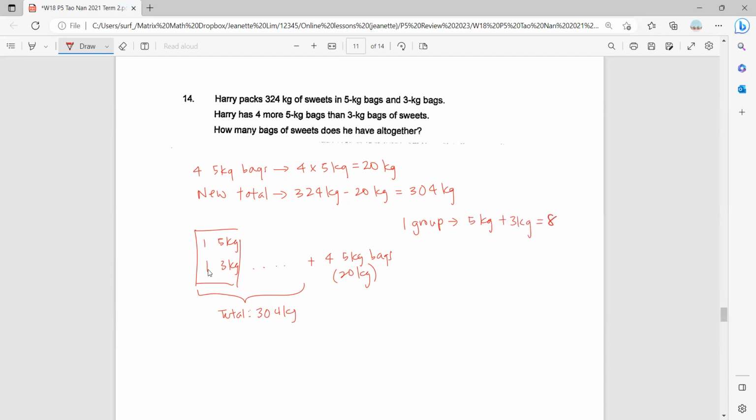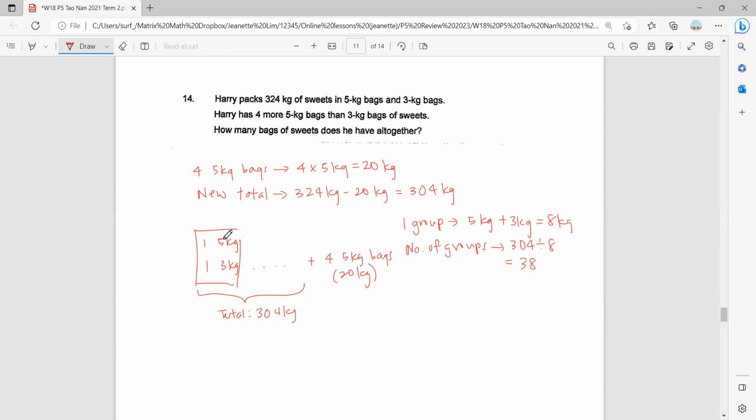So that will give us 8 kg. How many 8 kgs are there in 304? So I'm finding number of groups. Take 304 divide by 8. Do a long division. This will give us 38 groups. So how many bags of sweets does he have altogether? 38 groups.